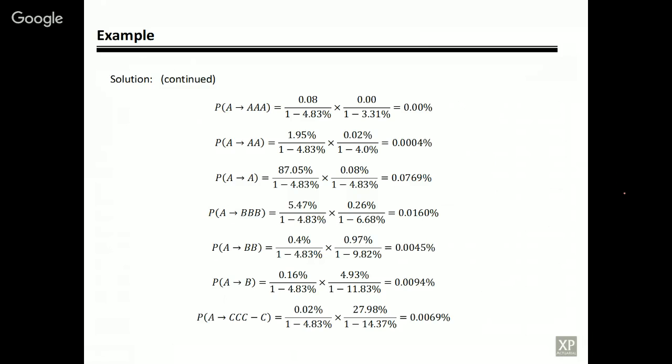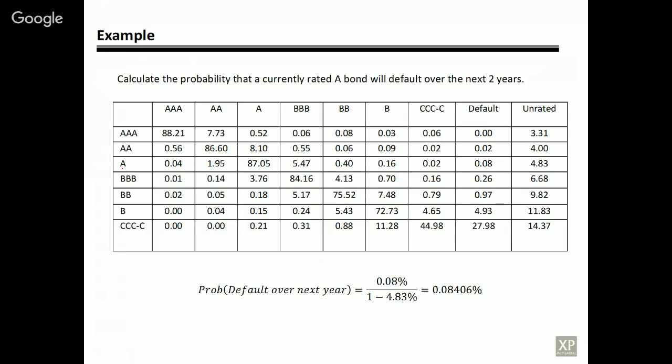To calculate the probability over the second year, what we actually do is we say, okay, well, A can transition to AAA, can transition to AA, stay A, go to BBB, double B, or B, or CCC. And once it transitions to those other states, it can then default in that state.